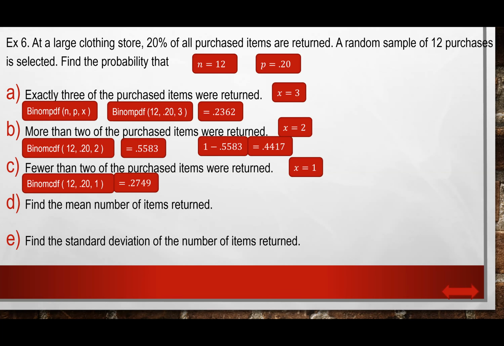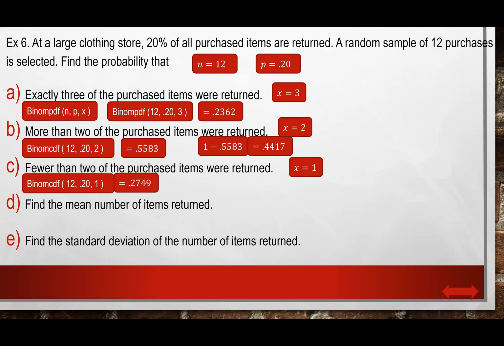And you say, wait a minute, Mr. Tran, why don't we just subtract 0.5 or something like that? Reminder, the binomial distribution in chapter 5 is discrete data. And for discrete data, we have to go up 1 or down 1. We cannot take half of it. When we use the normal distribution, that's when we take half.